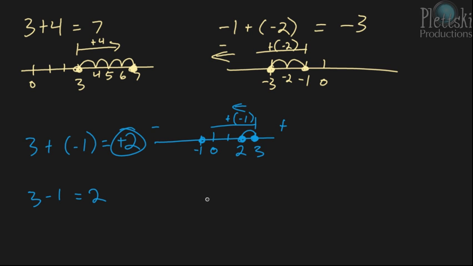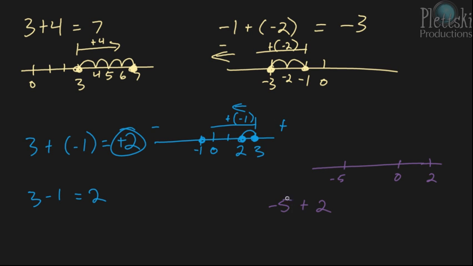Okay, now what if the integer or the rational number with the largest absolute value was negative? Let's take a look at -5 plus 2. So on a number line, -5 would be about there, and you have 0, and then 2 would be about there. -5 is farther away from 0 than 2.